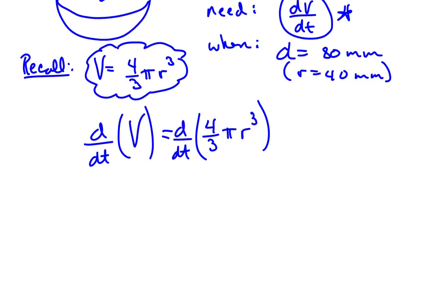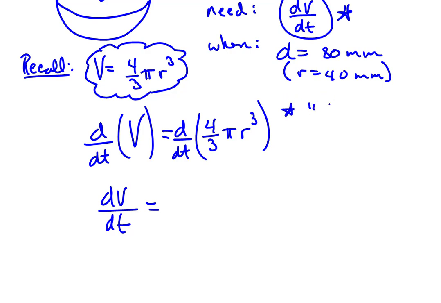If we then apply the derivative to both sides, the left side will simply have dV/dt. On the right side, notice we're taking the derivative with respect to time, that's d/dt, but we don't have t in our expression on the right side. We have r, but we're going to understand this to be an implicit form.